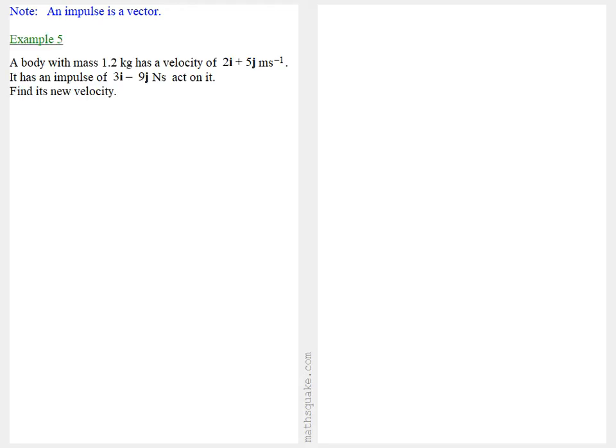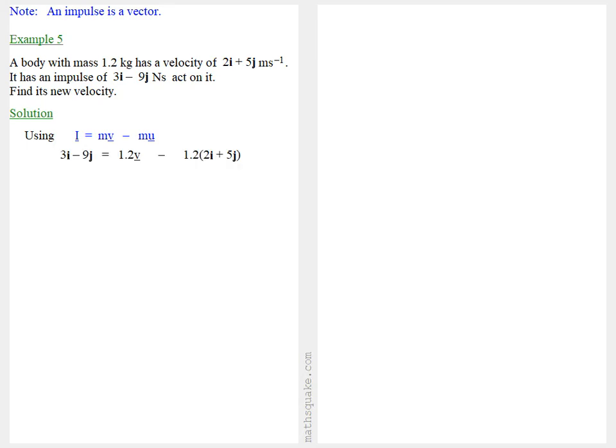Example 5. A body with mass 1.2 kilograms has a velocity of 2i plus 5j meters per second. It has an impulse of 3i minus 9j Newton seconds acting on it. Find its new velocity. Well, to solve this, we can use the impulse is equal to the change in momentum, mv minus mu.